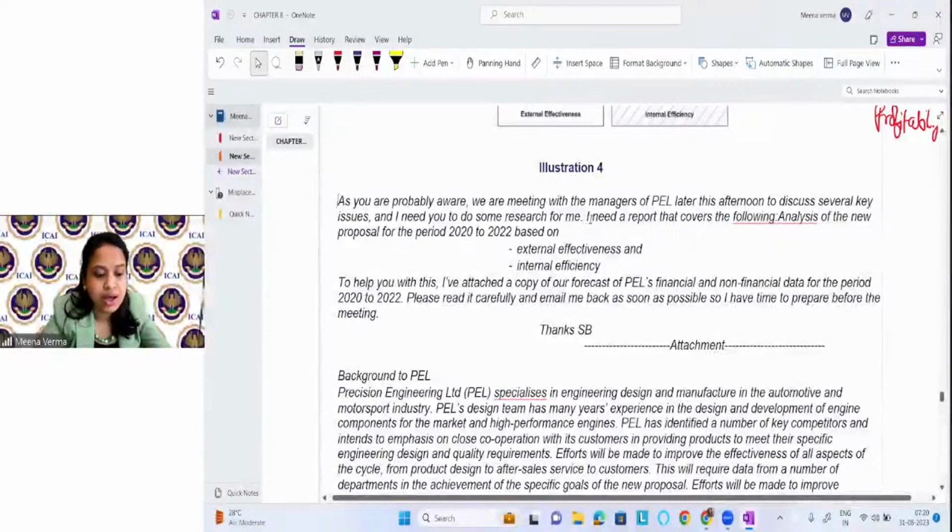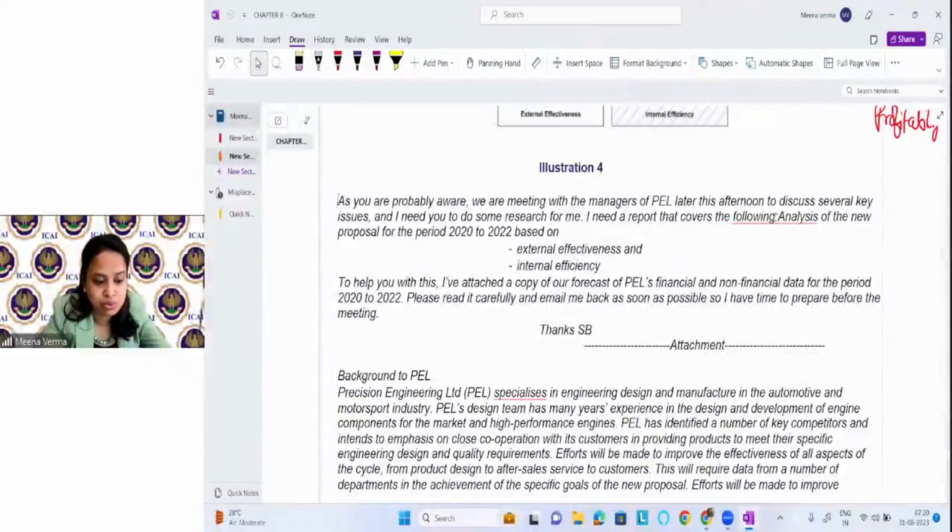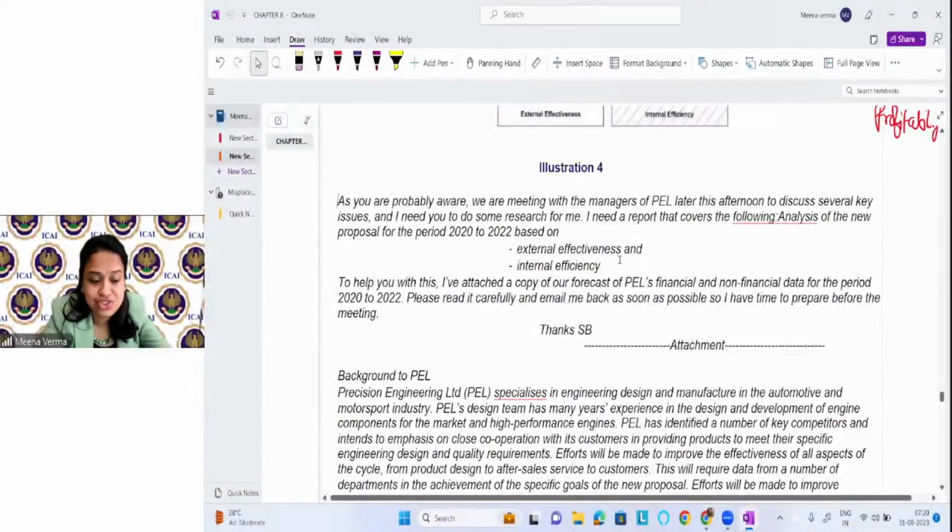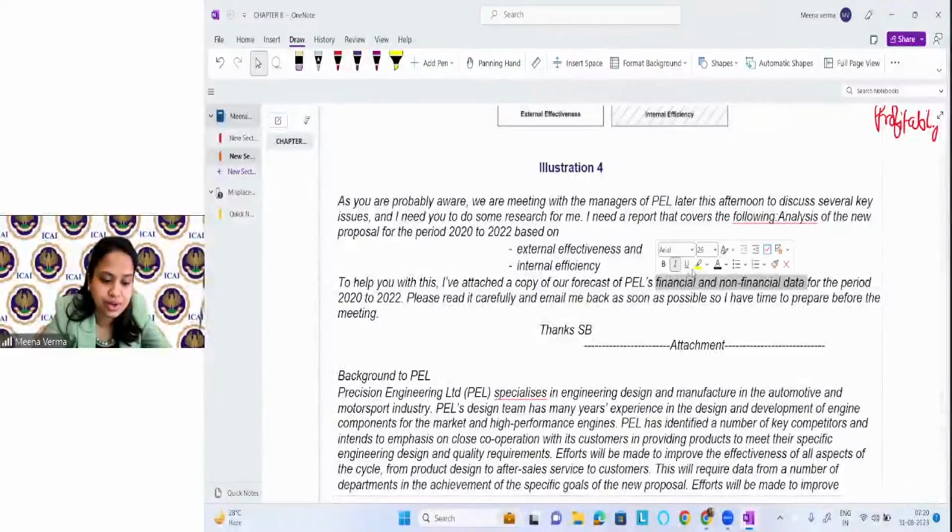I need a report that covers the following analysis of the new proposal for the period 2022 based on external effectiveness and internal efficiency, right? To help you with this, I have attached a copy of our forecast of PEL, financial and non-financial data, right?